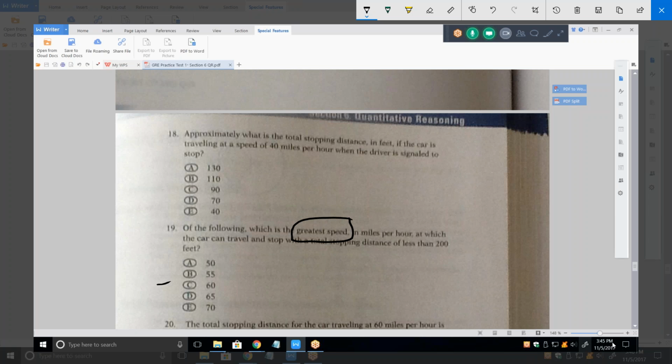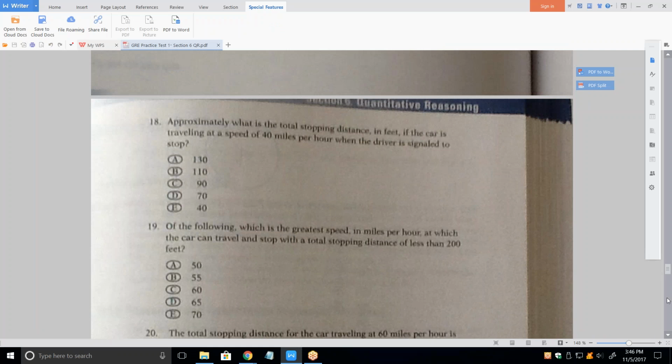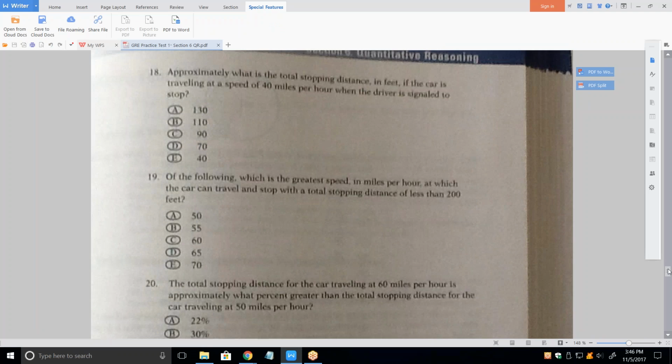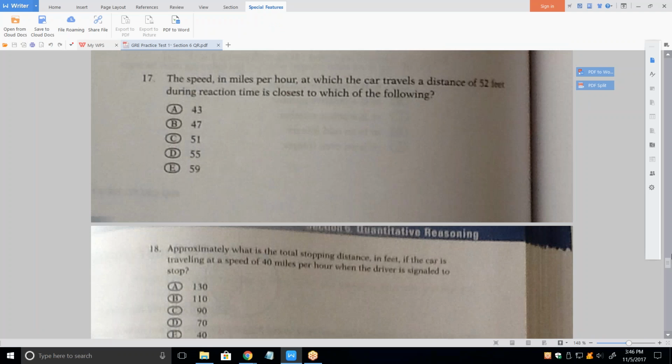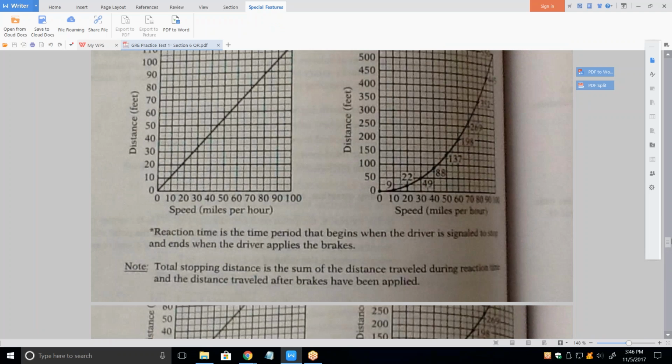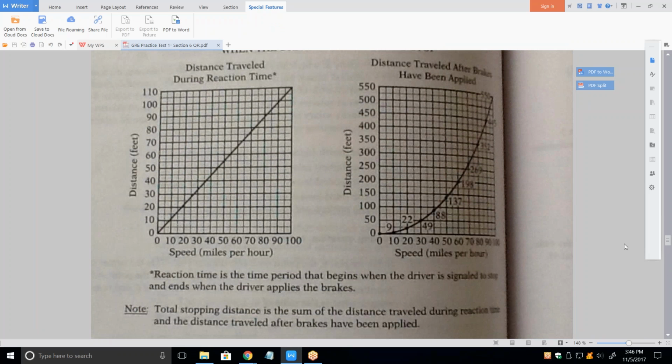Yeah, exactly. And if it doesn't say anything at all, starting in the middle isn't a bad way to go. So let's plug in some of these numbers into our charts. We're starting with 70 and working our way down and see what we get. So 70 gives us that. Whoops, hold on a second.